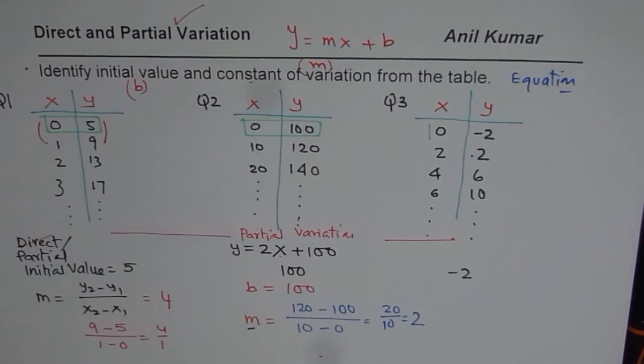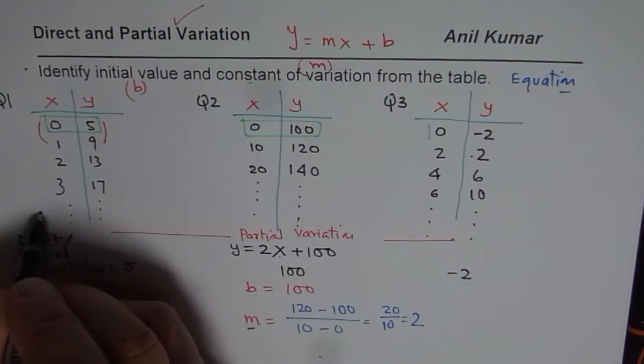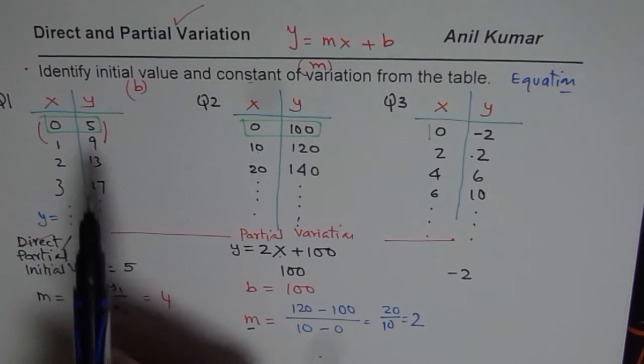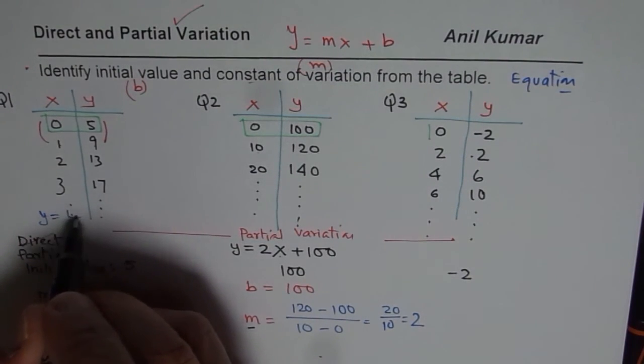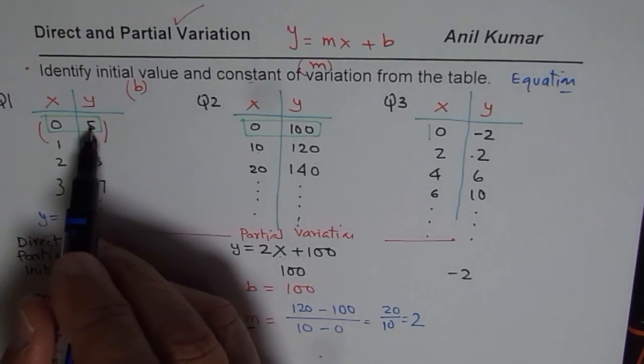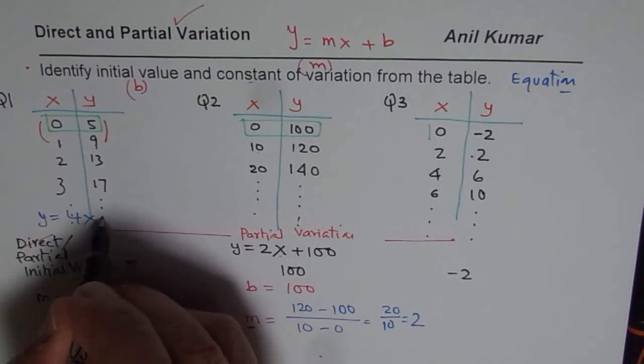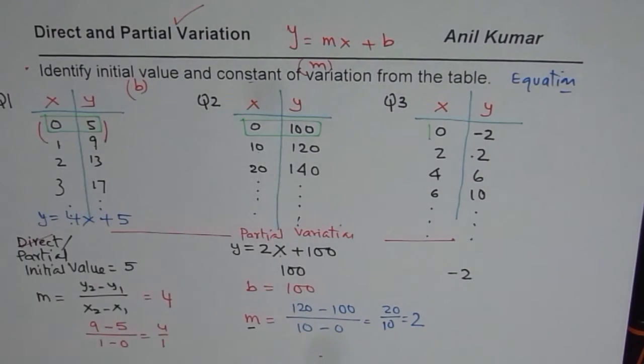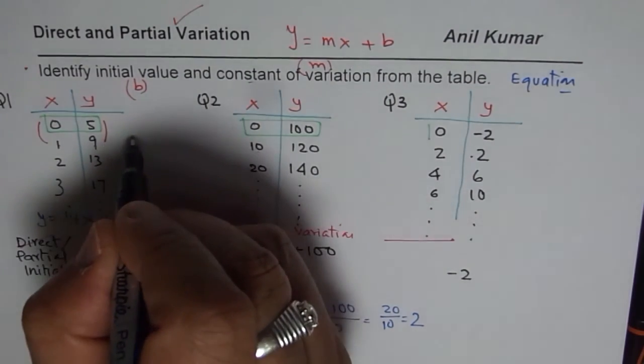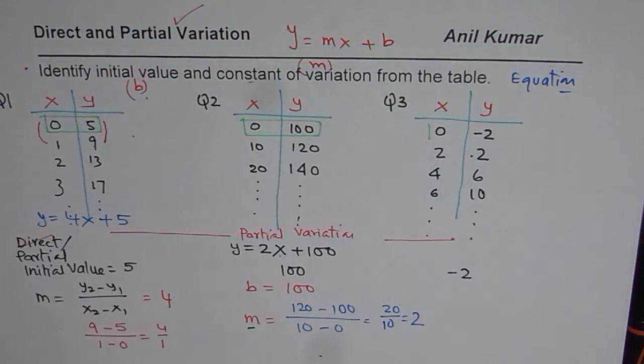Now for this particular equation, I could write this as y equals what? Slope is 4, so we'll write this as 4x, and y-intercept is 5, plus 5, the initial value, correct? Initial value sometimes is also referred to as y-intercept, so remember that part also.